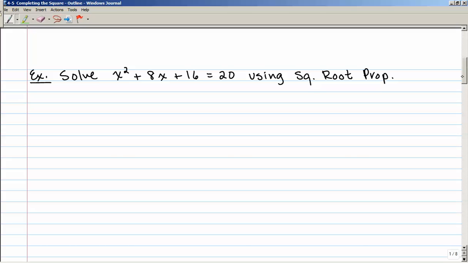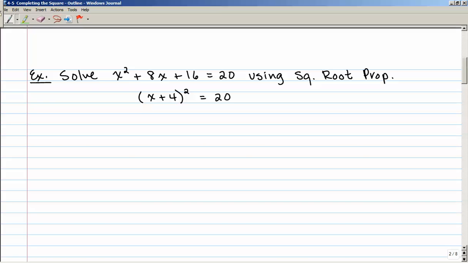Let's take a look at another example here. On the left-hand side, I have x squared plus 8x plus 16 equals 20. I know 20 is not a perfect square, but I can still use this. But x squared plus 8x plus 16 is a perfect square trinomial, and that factors into x plus 4 squared, and that equals 20.